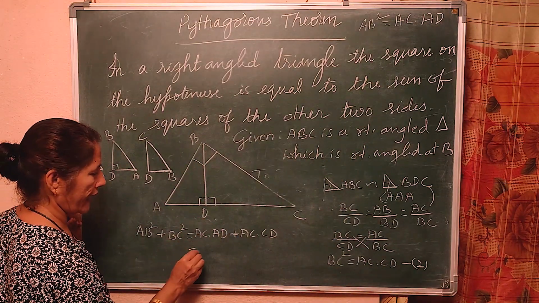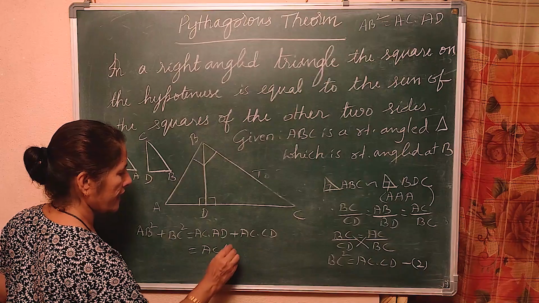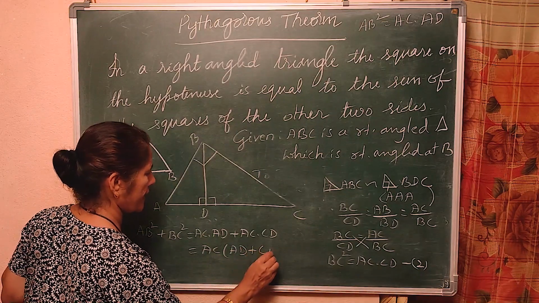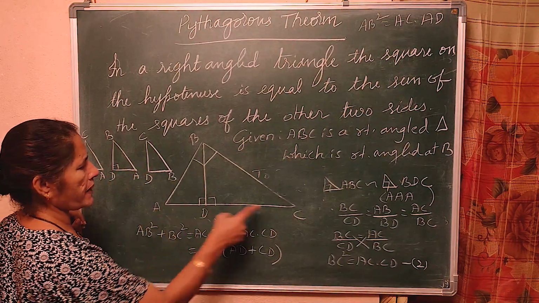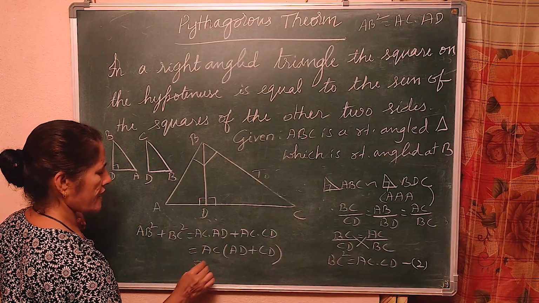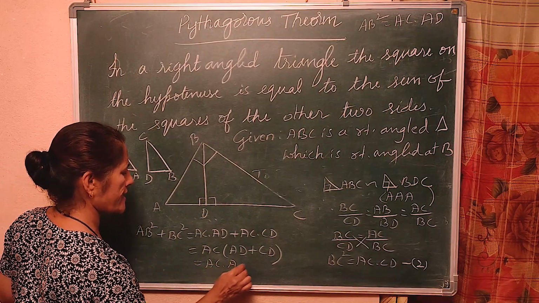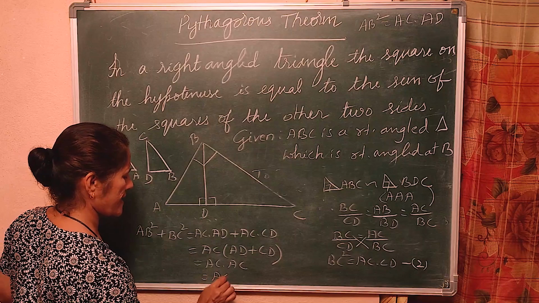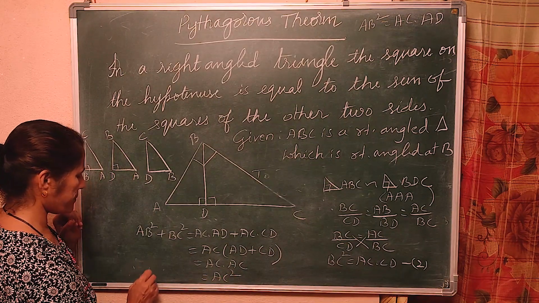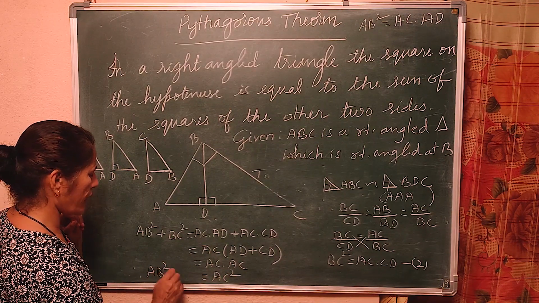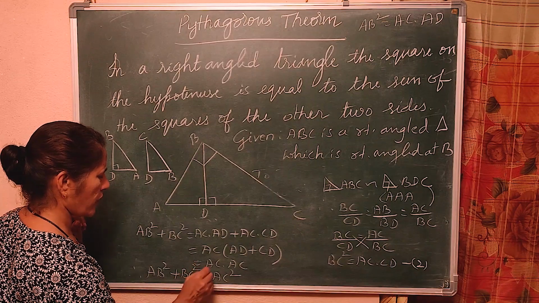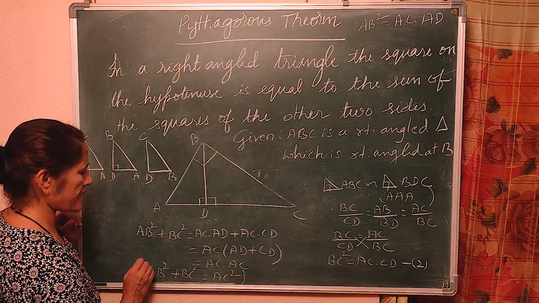So, you get AC common, AD plus CD. What is AD plus CD? AC. So AC into AC is equal to AC square. Therefore, AB square plus BC square is equal to AC square. That's the theorem.